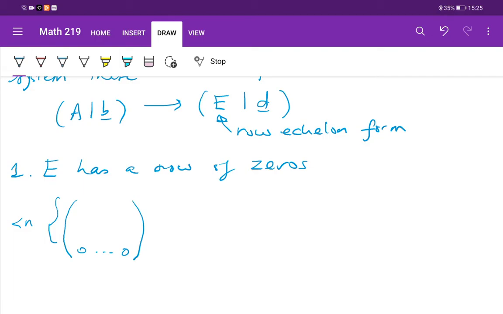So there are at most n minus 1 leading ones. But there are n columns, so not every column can have a leading one. So we must have a free variable. There are free variables.